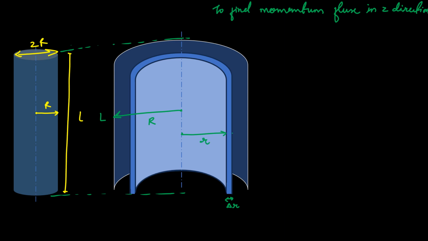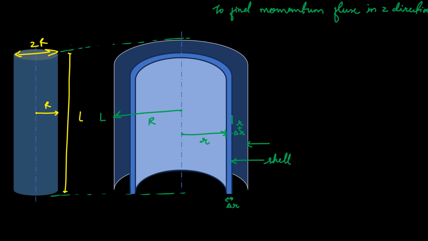So this surface becomes r plus delta r. This is my shell, a small shell of thickness delta r.